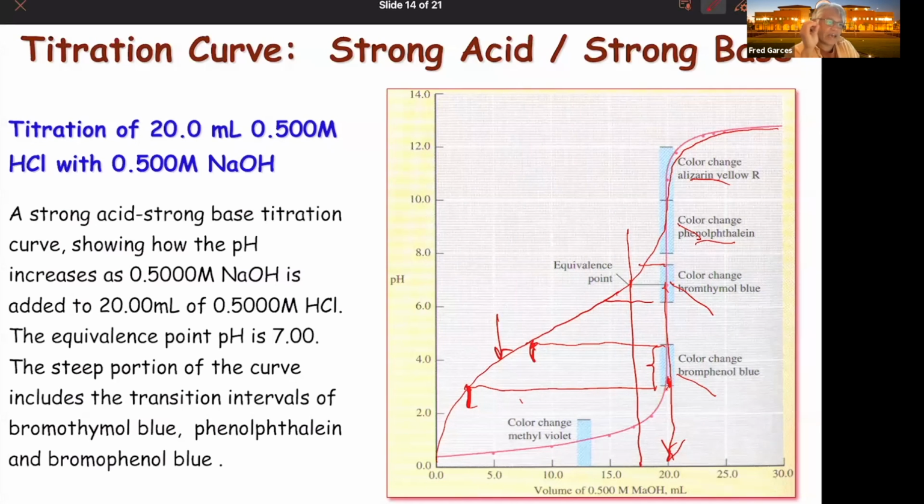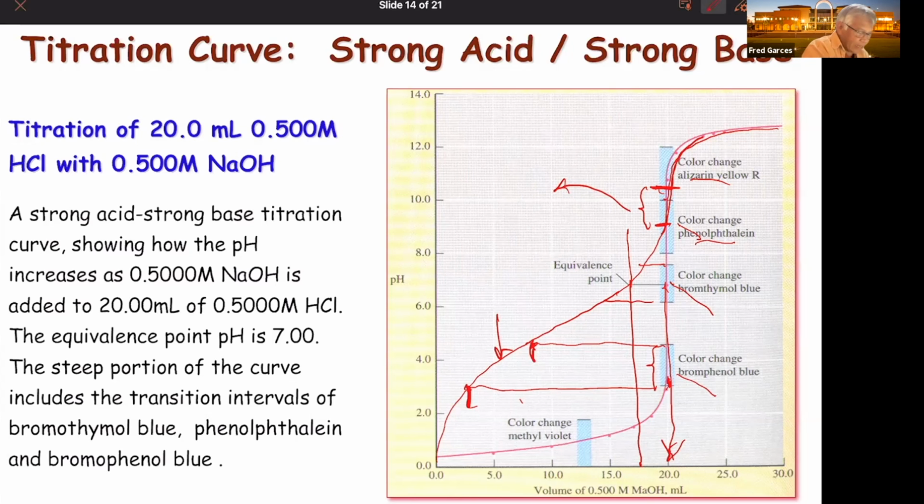So you have to have an idea of what chemical you're analyzing, so you have an idea of where that inflection point is going to be so that you can pick the correct indicators. And in your book and in the lab manual, there is a list of indicators that change colors at these regions.